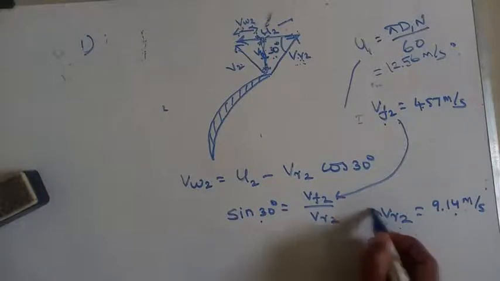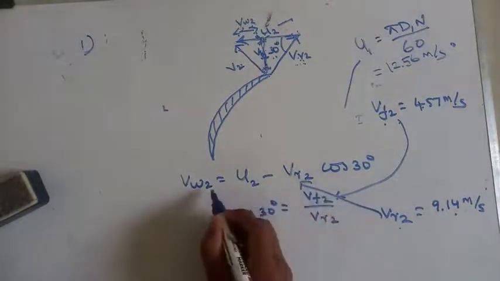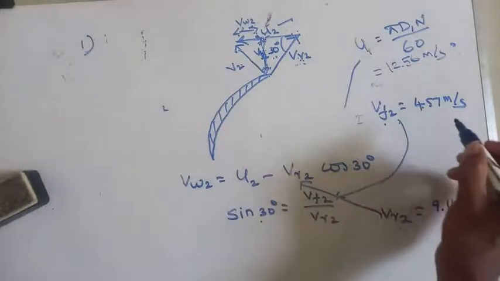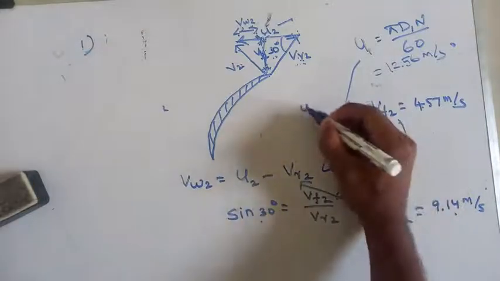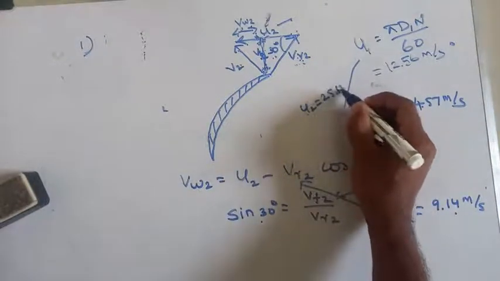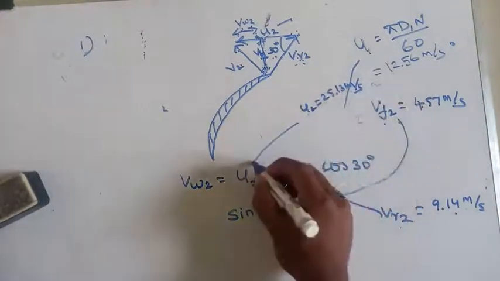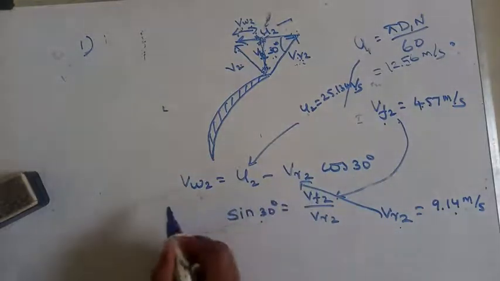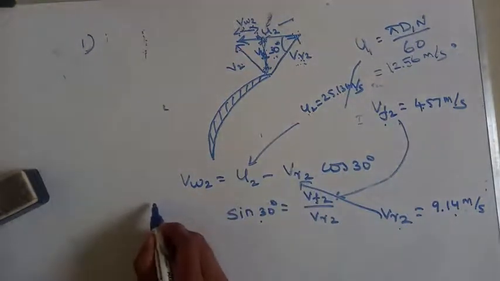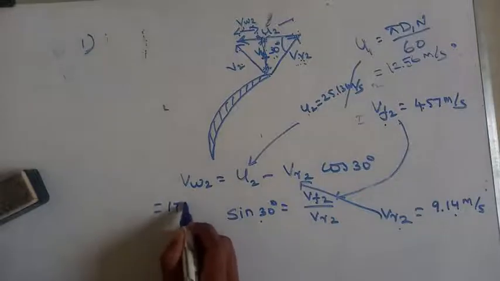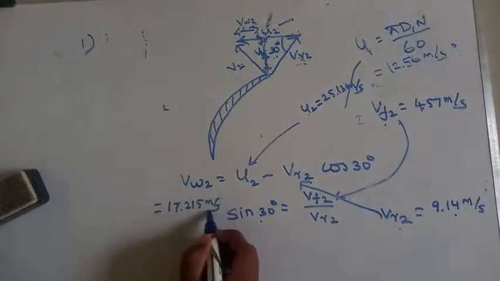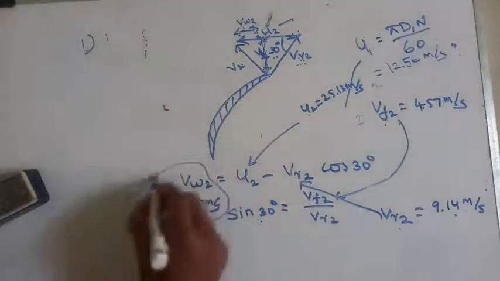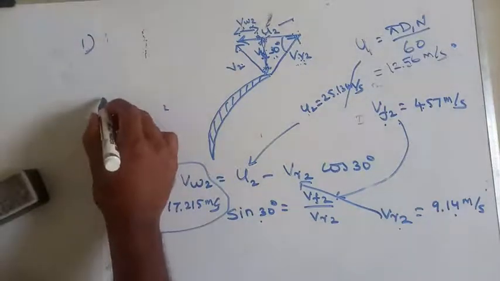If I substitute that VR2 here, and U2 I calculated as 25.13 meter per second, then I will get VW2 as 17.215 meter per second.